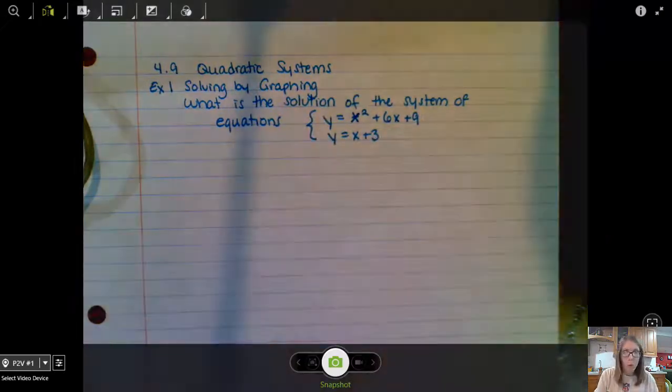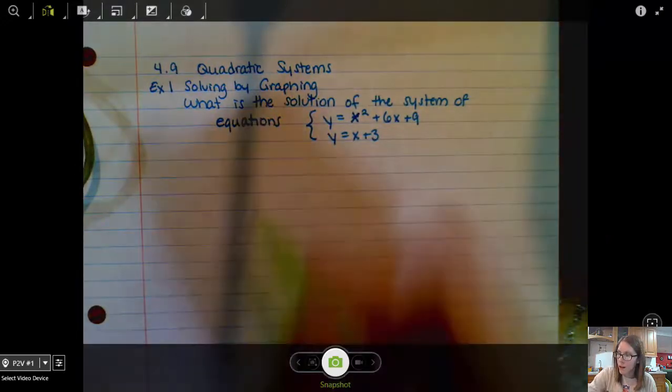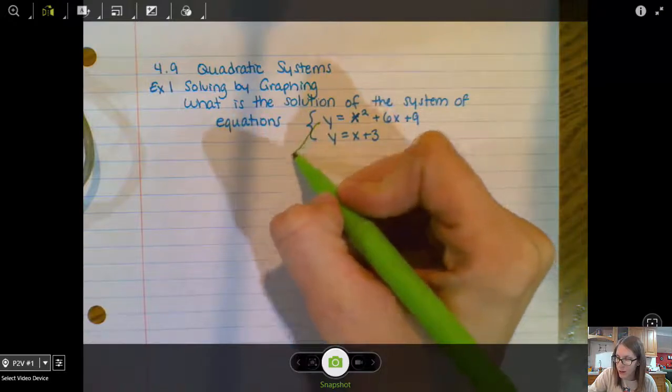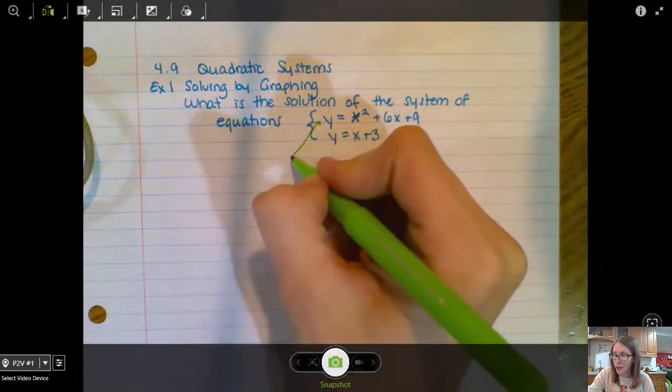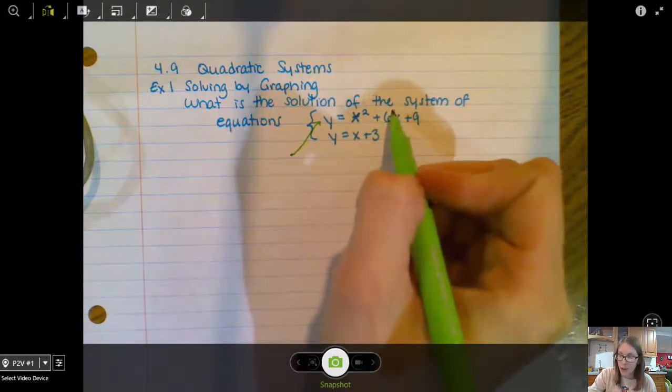And right over here, we know how to graph y equals x squared plus 6x plus 9. A little bit of review here. This parabola is in standard form.